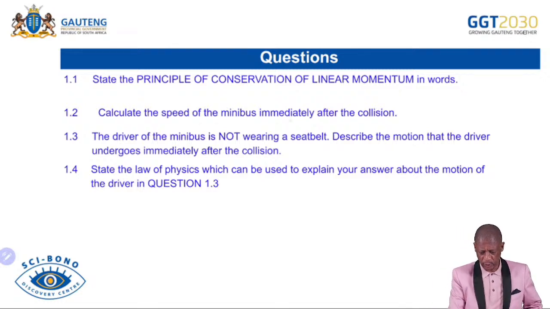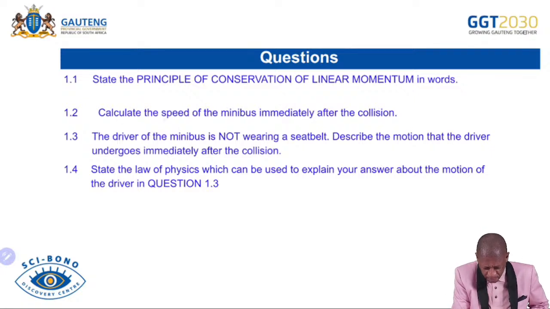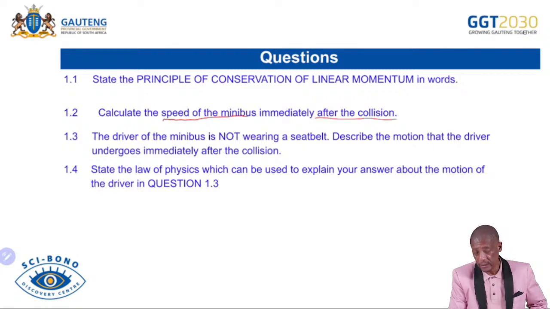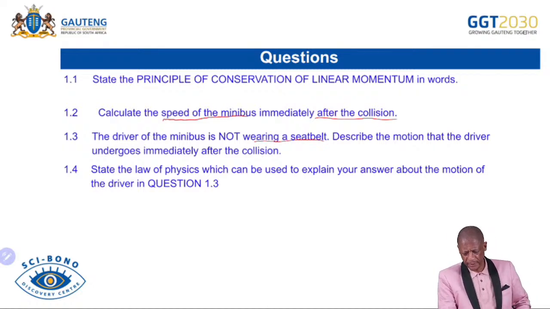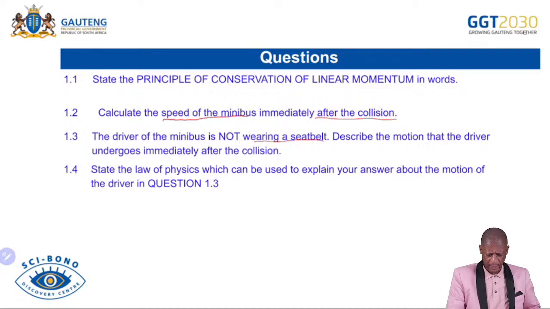Then we need to calculate the speed of the minibus immediately after collision. The driver of the minibus is not wearing a seatbelt. Remember, we spoke about this last time. Describe the motion that the driver undergoes immediately after the collision.